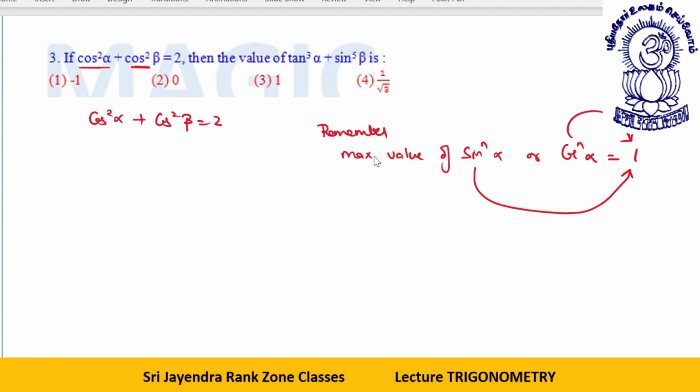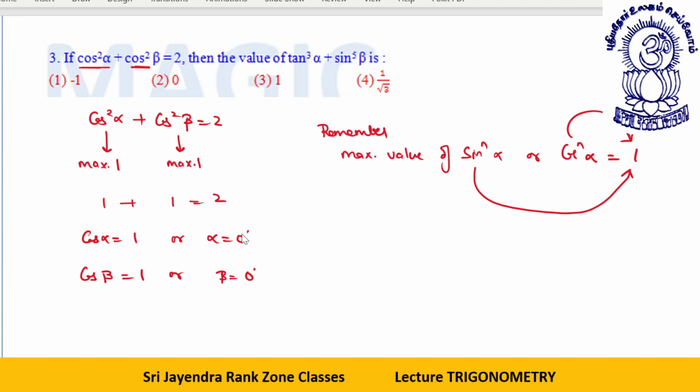This is also 1. So you have cos square alpha maximum value as 1. Here also the maximum value is 1. So 1 plus 1 gives you 2. This implies cos alpha is equal to 1 or alpha is equal to 0 degree. Cos beta is equal to 1. This implies beta is equal to 0 degree.